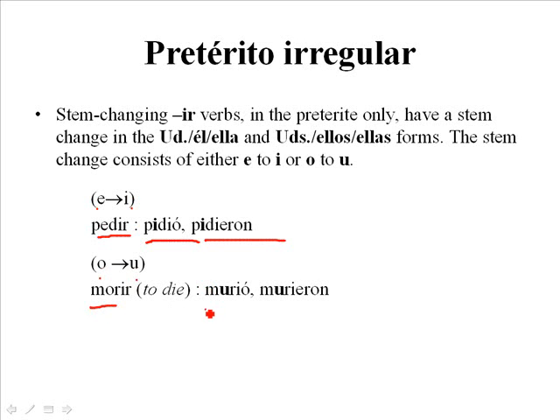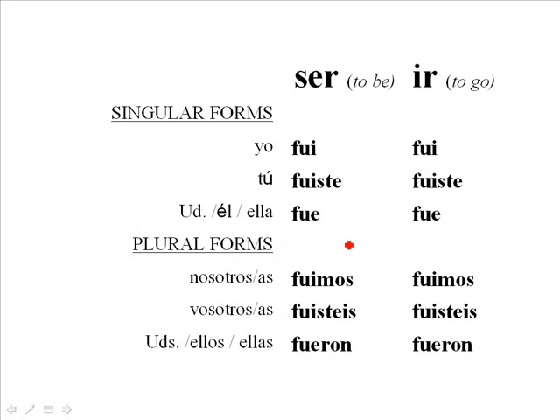Morir, murió, murieron. Ser and ir are irregular in the preterite form, but they're conjugated the same way. How do you know the difference? Context, always the answer. Okay, vamos a repetir. Because it's irregular, you'll have to memorize the conjugations.